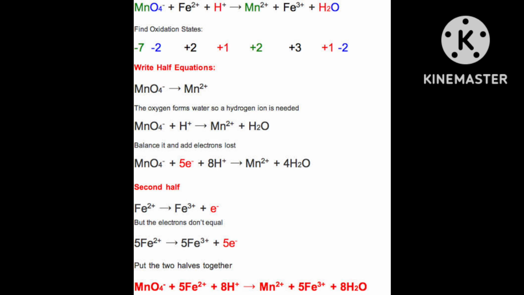Then already you calculated the oxidation number. In MnO4 1 minus, manganese was having plus 7. Here it is the oxidation state I am talking about. Above, you have simply given MnO4 1 minus.